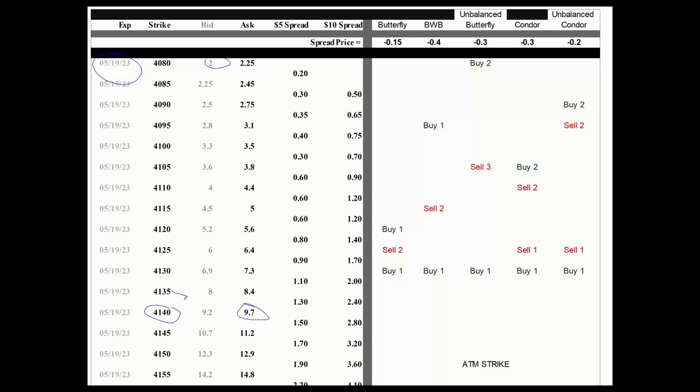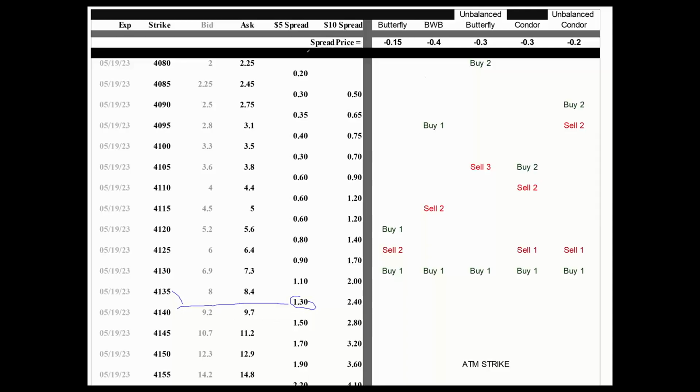And here's how you read the sheet. If I'm looking for the 35.40 put spread, the math is already there. $5 wide is right there.